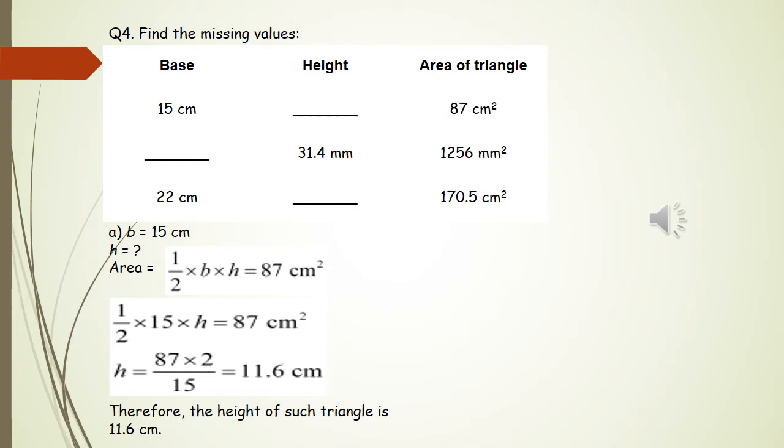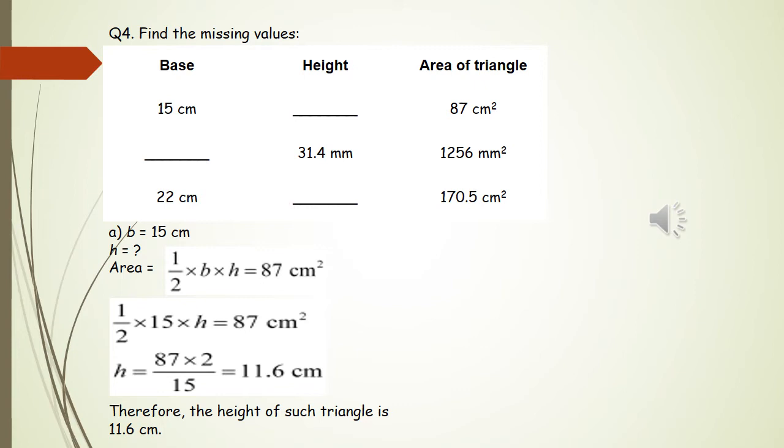Formula is area is equal to half into base into height, that is equal to 87 centimeter square. So, putting the values, half into 15 into h is equal to 87. h is equal to, we are doing cross multiplication, so 87 into 2 by 15.